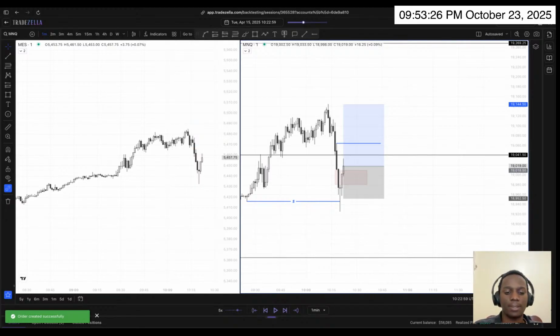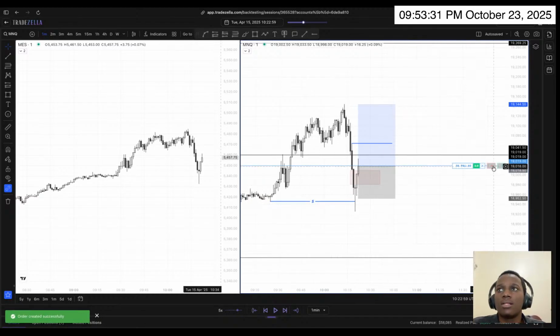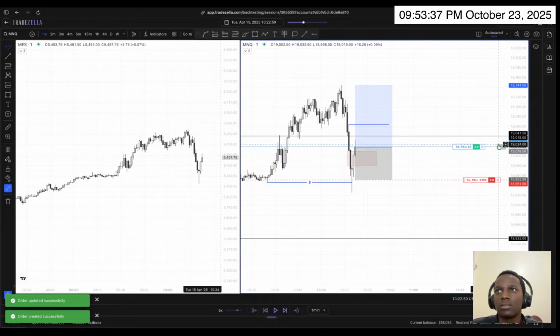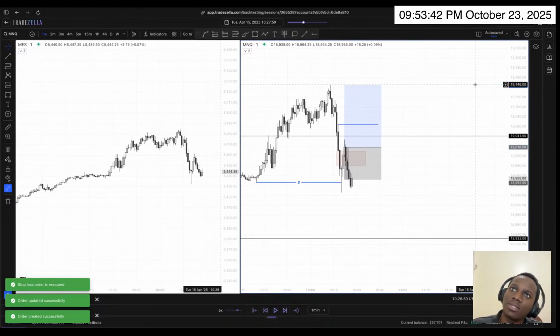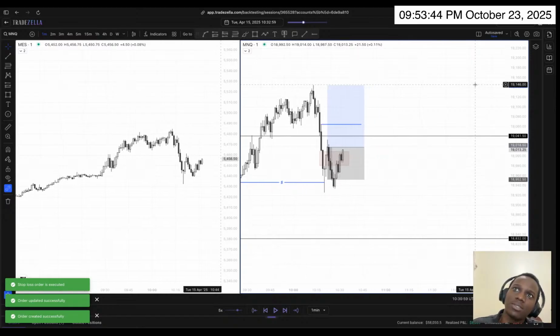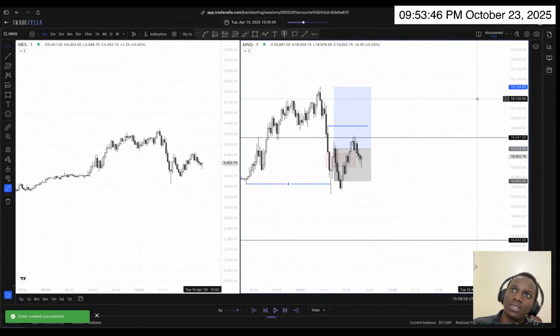That's 3. But then the thing is that those gaps there could hold, which is the worst thing that could happen.